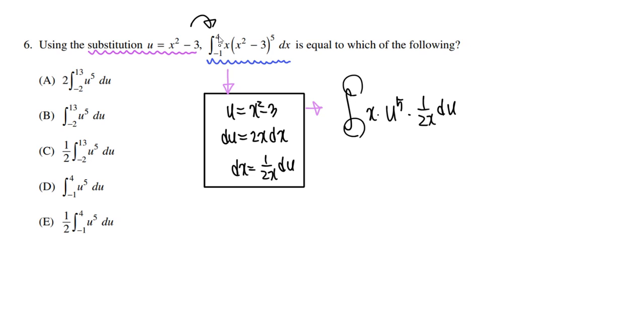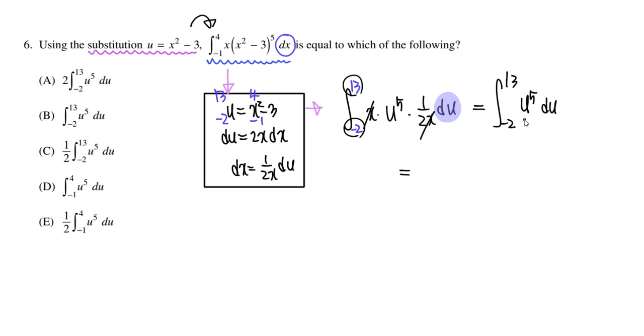The interval -1 and 4 is the value for x. When x is -1, the u value is going to be -2. And when x is 4, 16 minus 3 is 13, so the u value is going to be 13. So 13 and -2 is going to be the interval for u. So we did a complete substitution, and we can reduce the x and get the integral from -2 to 13 of u to the power of 5 du.